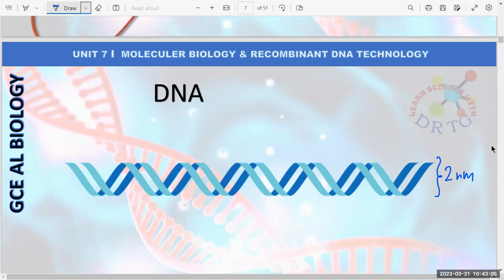Okay, now we are coming to the first packaging level. In the first packaging level, protein molecules serve as a scaffold to wrap DNA around it.